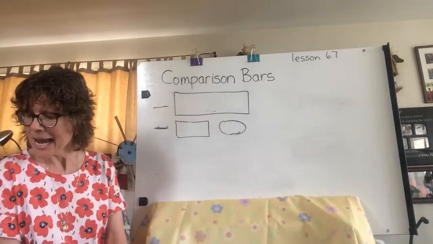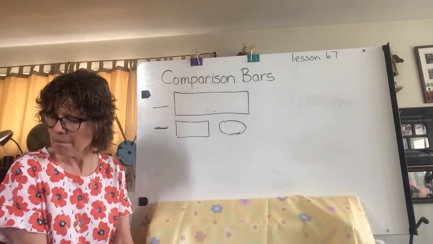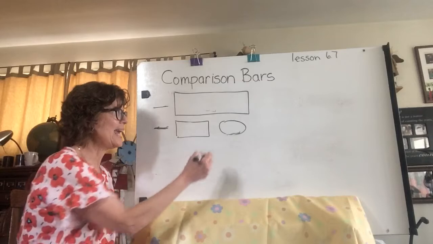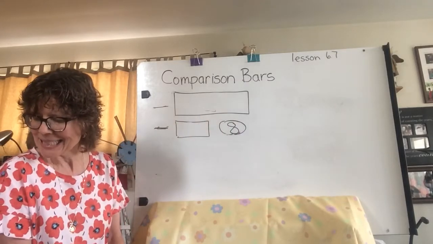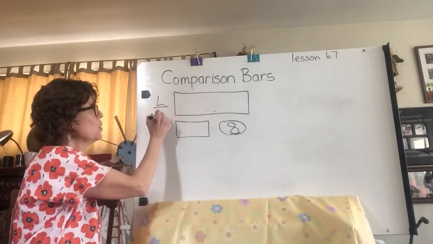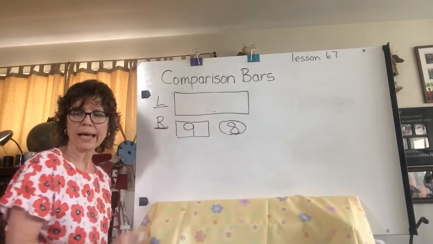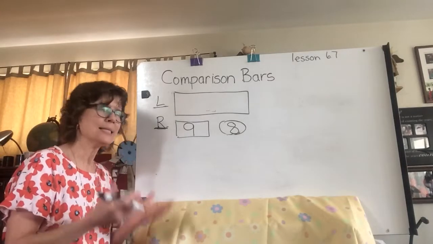All right, our next one is, I see 8 more lilacs than roses. Aha, 8 more. I see 9 roses. Ooh, unknown at the top. How many lilacs do I see?